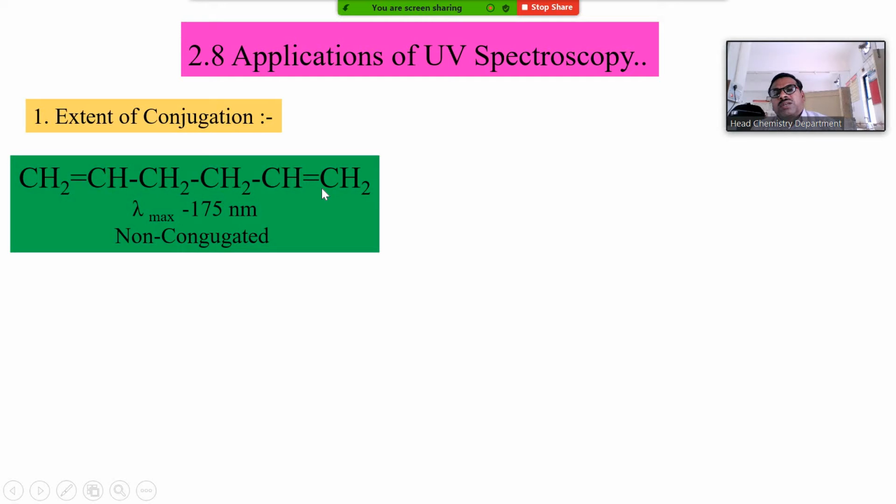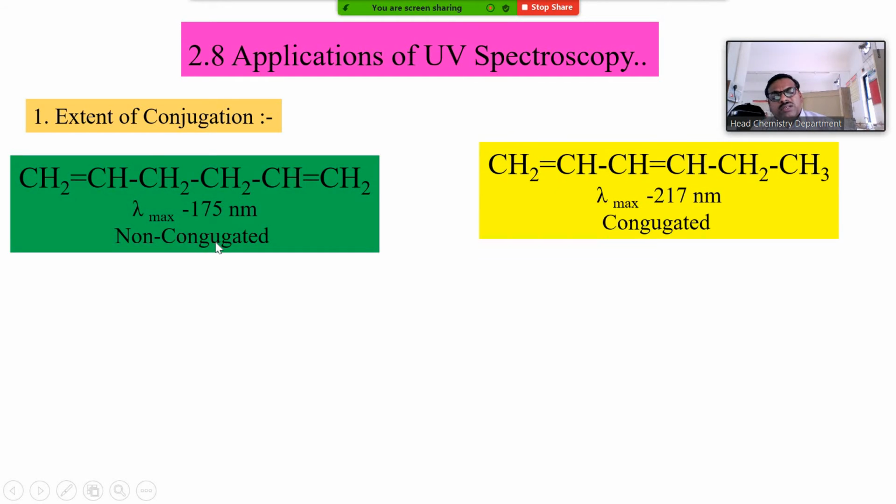These two double bonds are not close to each other, they are away from each other, and therefore when two double bonds are away from each other, it is called an isolated system or non-conjugated system. In a non-conjugated system, the two double bonds are not in alternate fashion or conjugated fashion. That time it is called a non-conjugated system.